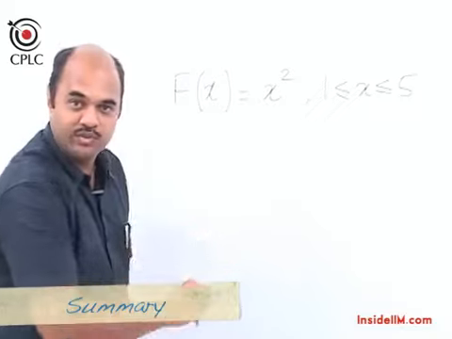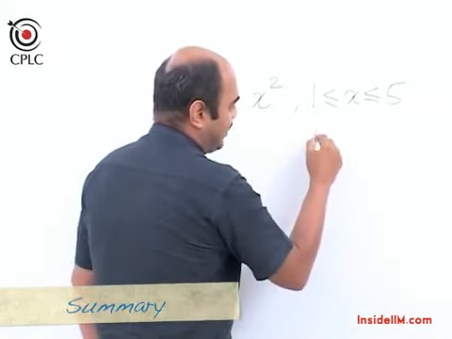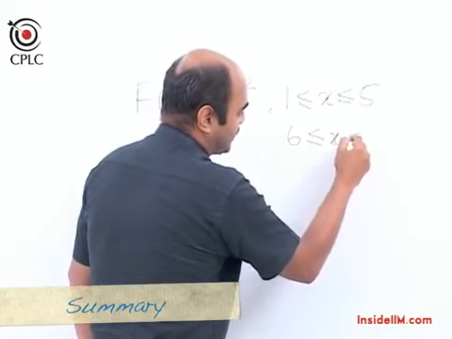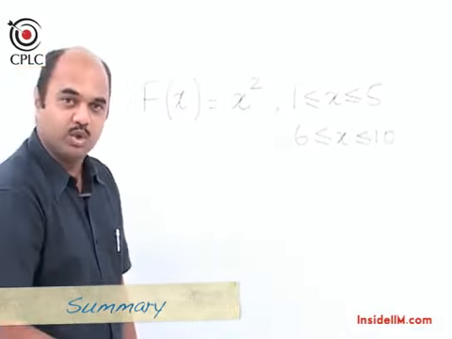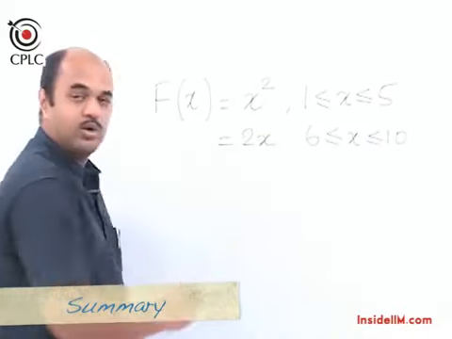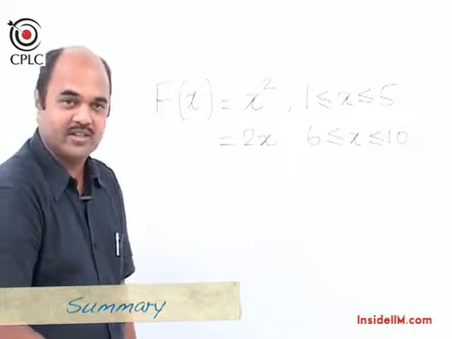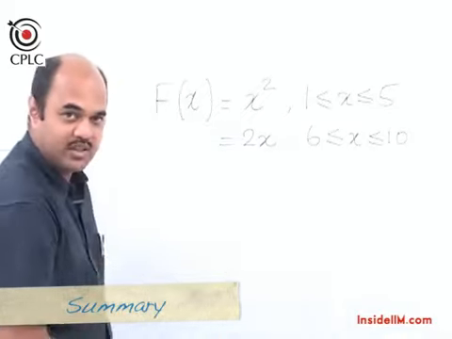If we move on to the next set of 5 overs, which means overs from 6 to 10, then we had said that the number of runs scored would be double the over number, and hence now f(x) would be equal to 2x, where x is the over number and this is for the range 6 to 10.